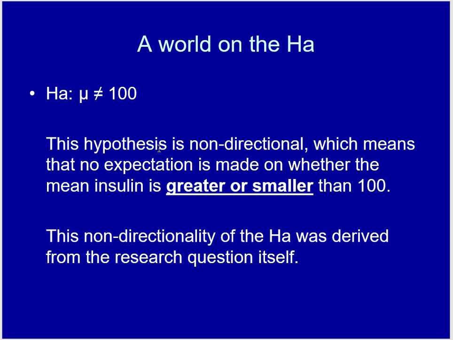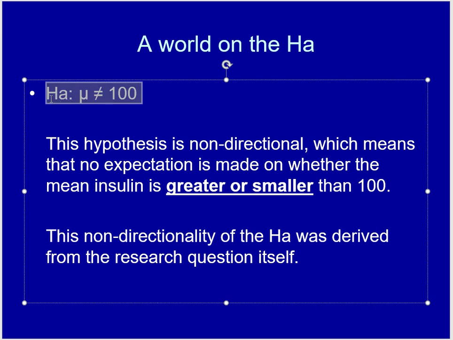All right, so the alternative hypothesis is not equal to 100. And I kind of hinted at that in my previous videos, that this is called a non-directional hypothesis test. You're not taking a side on whether it's going to be greater or smaller. All you care about is that it's not equal to 100.